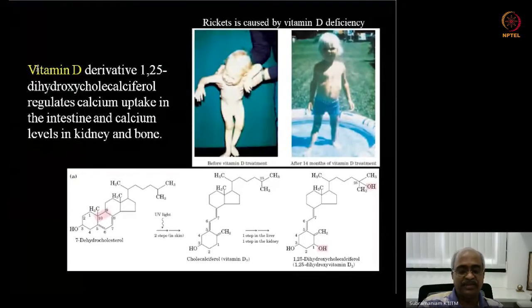Anytime you say vital, essential, what it means is those molecules cannot be made by our cells. They are required for us, but they cannot be made, and therefore they have to come through the food. So anything that is essential but needs to be obtained only through food is usually called vital or essential.